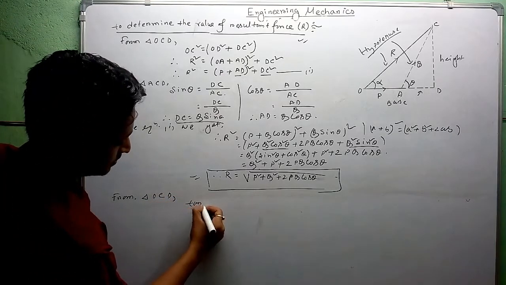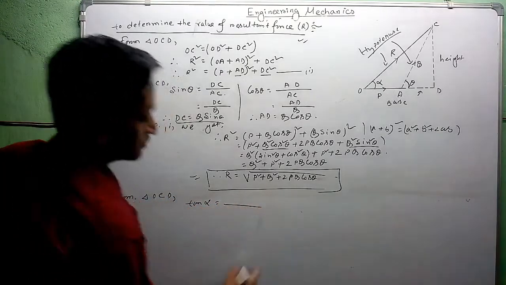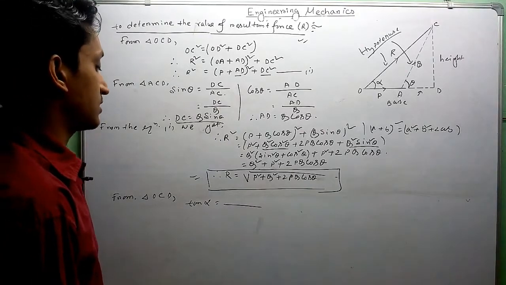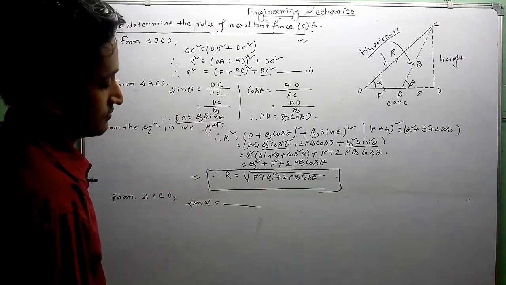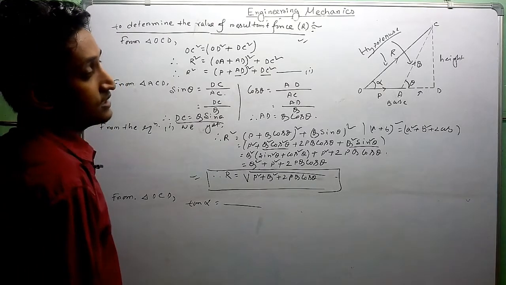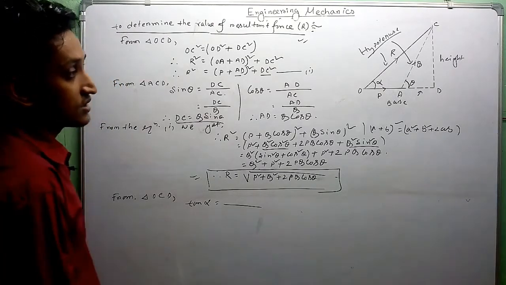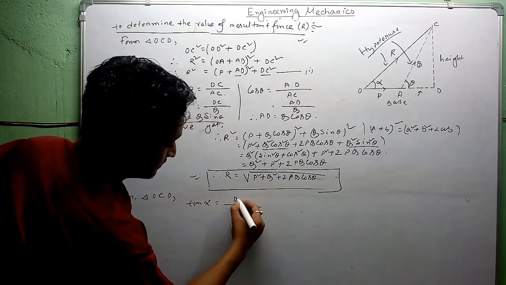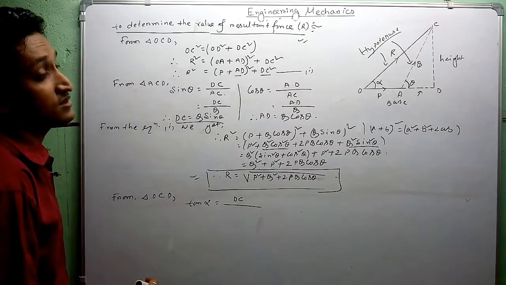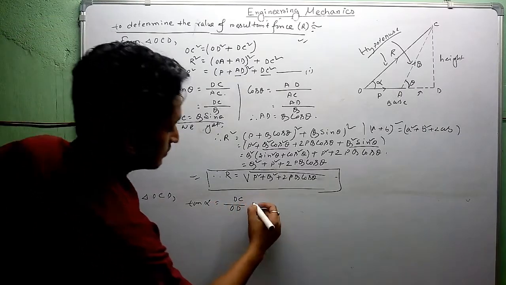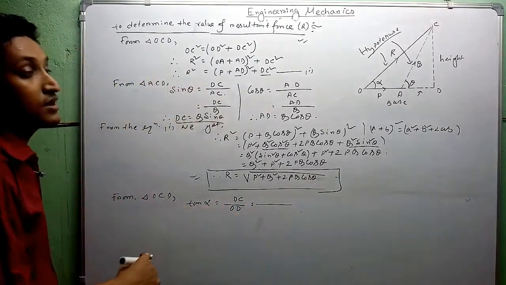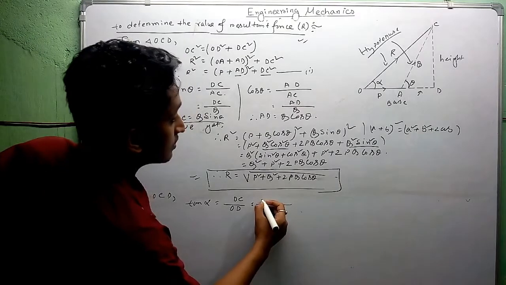Tan alpha is equal to, we can say that tan means height by base. What is the height? Height is DC, and what is the base? Base is OD. Then we can put the value and split the OD into values.